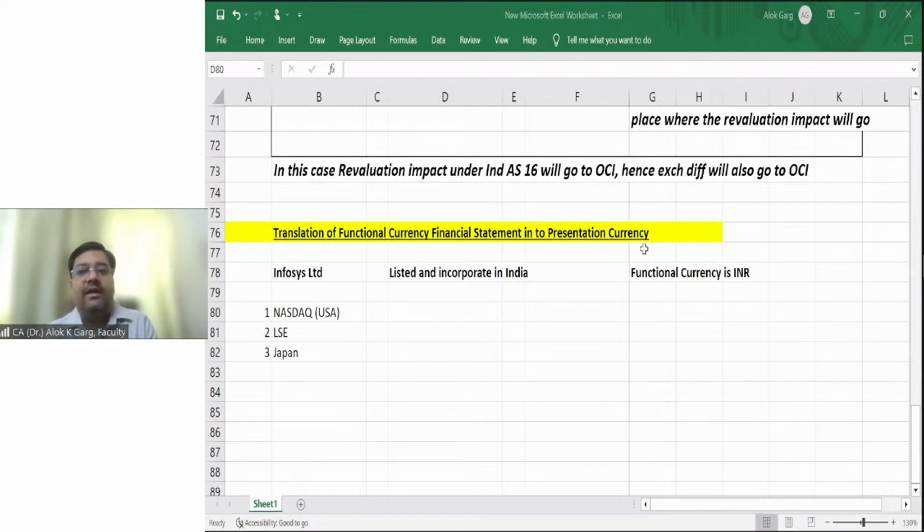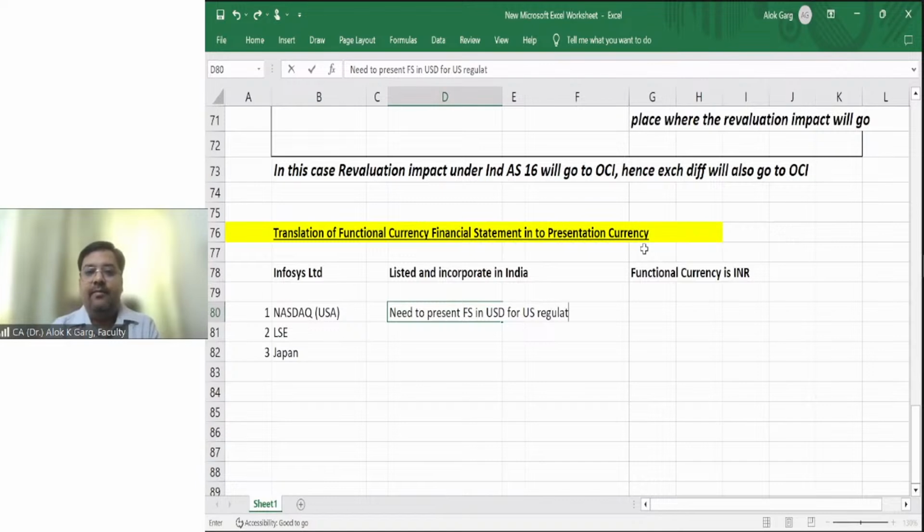So the functional currency is INR, but in Nasdaq, this company needs to present financial statements in US dollars for US regulators, because it is listed in the USA. It has to present financial statements in GBP, pound, for UK regulators, London regulators, and Japanese yen for Japanese regulators, because they will not understand INR.